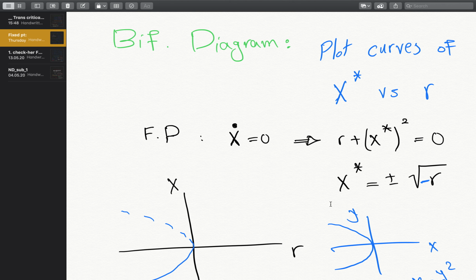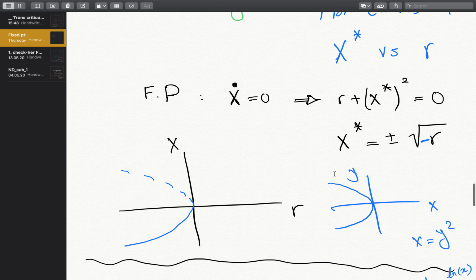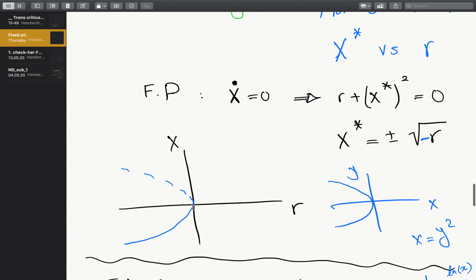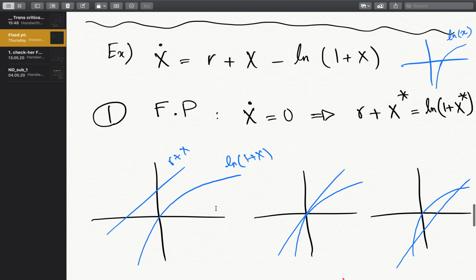So you have a family of x stars which depend on the value of r. For r positive or negative, by the slope of it, it's going to be positive or negative, which tells you about the stability of it.